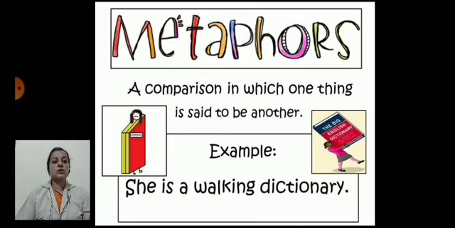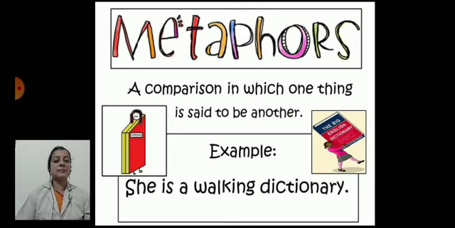Next, come to metaphors. What are metaphors? In metaphors, a comparison in which one thing is said to be another, right? Here also we compare two different things together, but we don't use as or like.